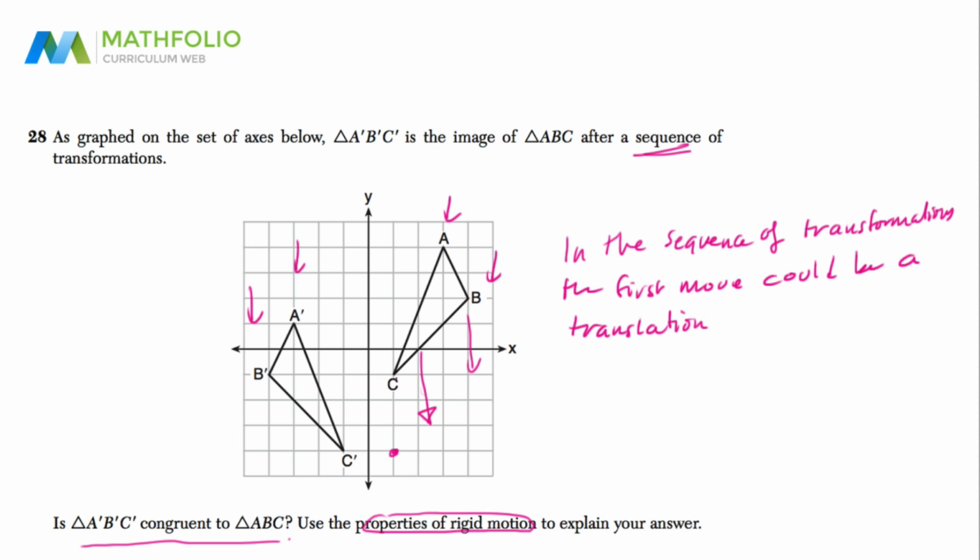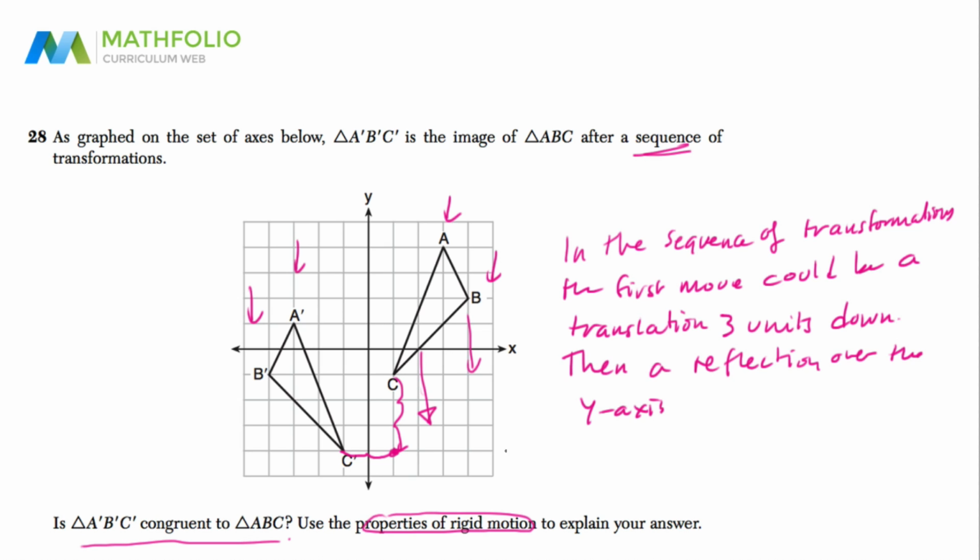How many units down? 1, 2, 3. 3 units down. Then after it's here, we need to reflect it over the y-axis. Then a reflection over the y-axis. And I know that so far I've just really been focusing on point D, but I could focus on any of these points. It would definitely map it onto itself.